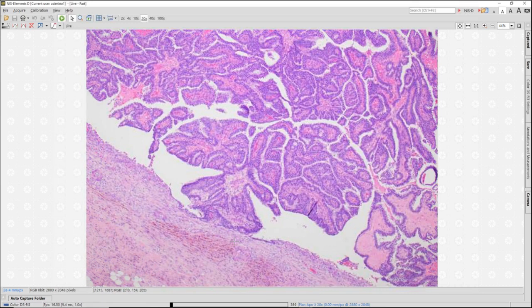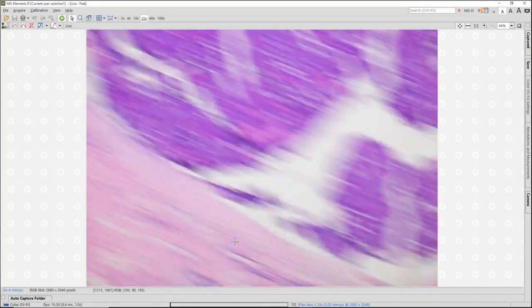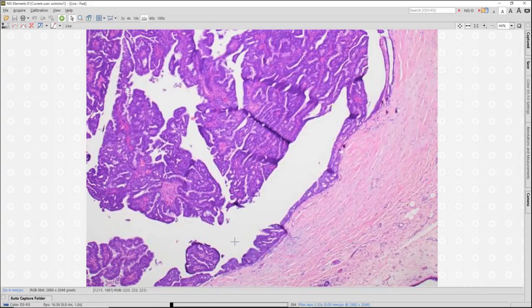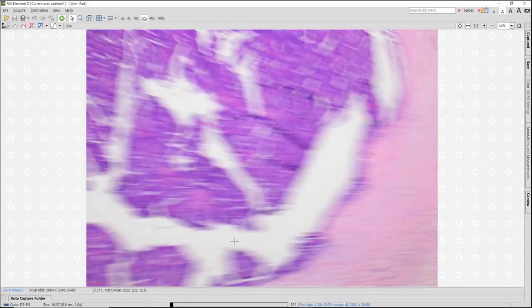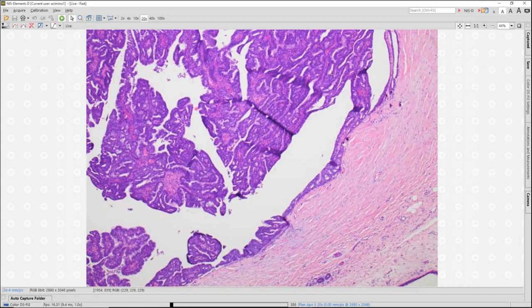Okay, so let's look at another example, and we'll use stains shortly. Another case, similar low power impression, very blue. I have a cystically dilated duct space with projections of papillary fronds within it. Okay, I'm dealing with a papillary lesion. It's blue from low power with very delicate branching, narrow cores.